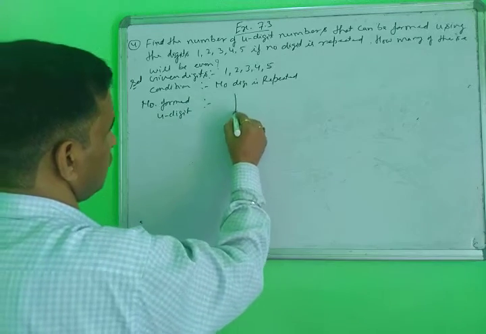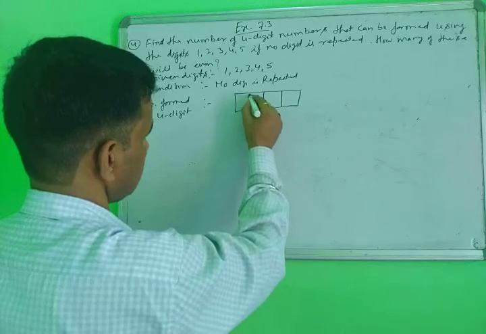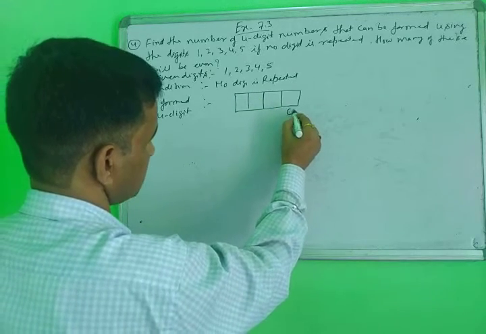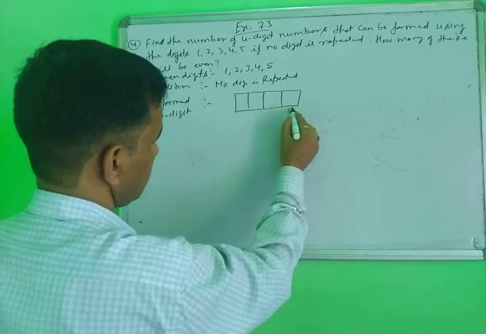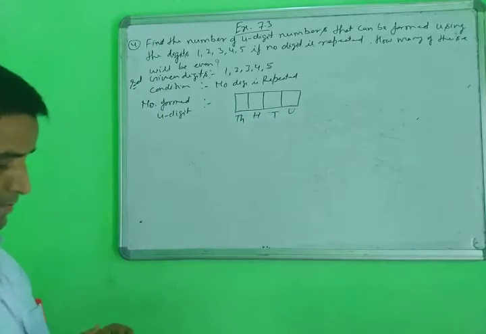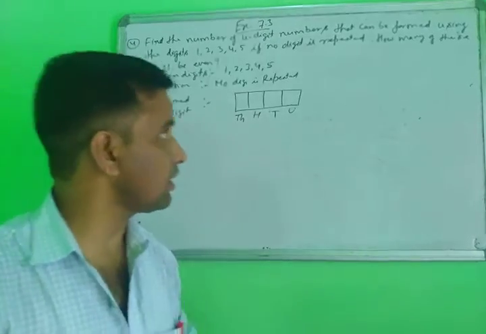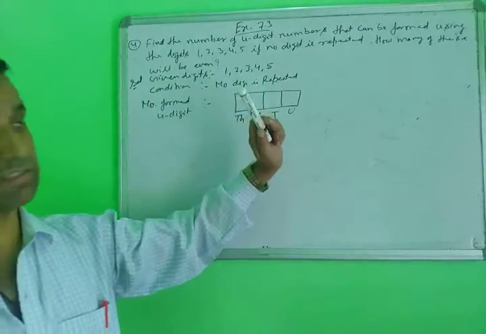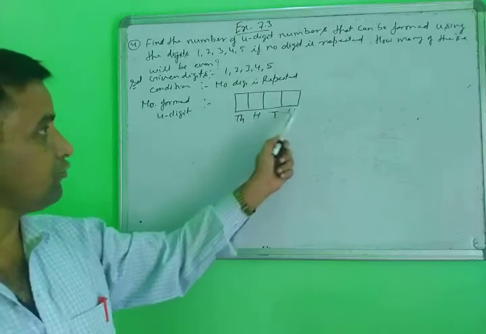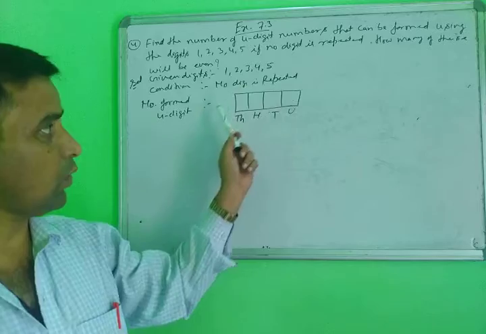Then you make 4-digit numbers: first, second, third and fourth. These are the ones place, unit place, tens place, hundreds place and thousands place. According to this, first you will find the answer for the total numbers, not the even and odd condition. First condition is only the total numbers.